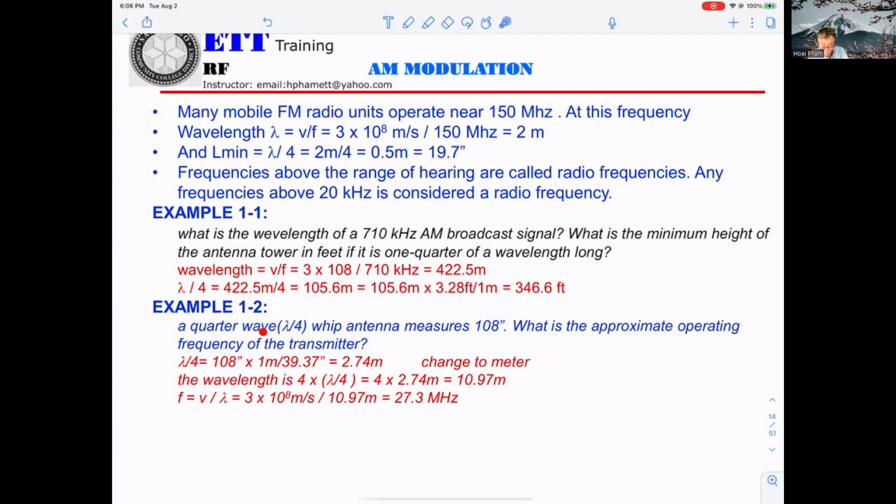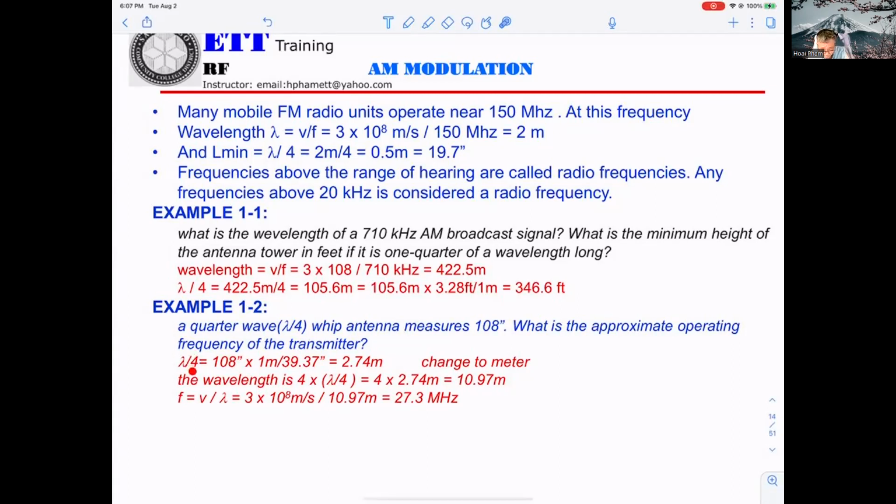A quarter wave, lambda divided by 4, quarter wave antenna measures 108 inches. What is the approximate operating frequency of the transmitter? Okay, let's see how they do it.